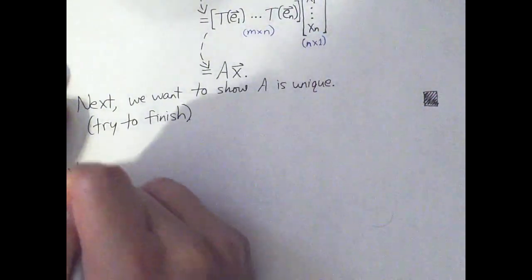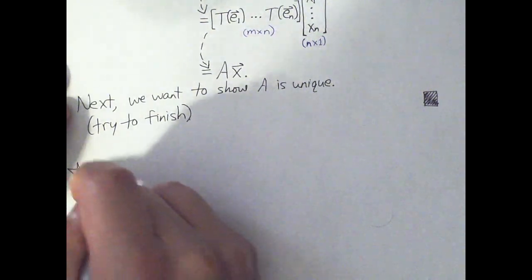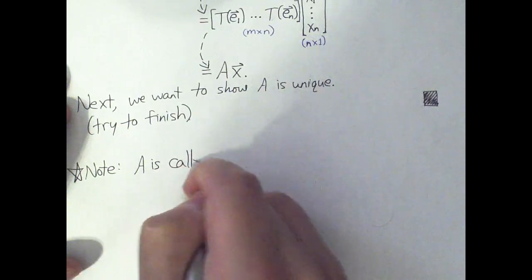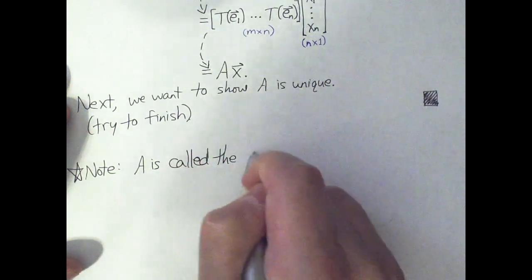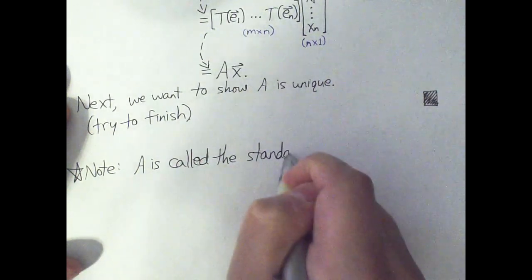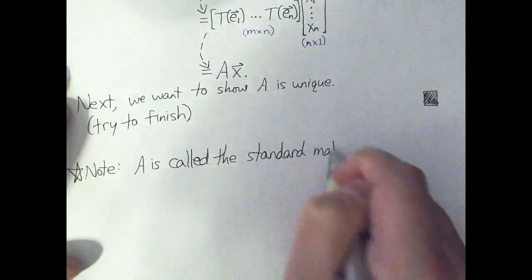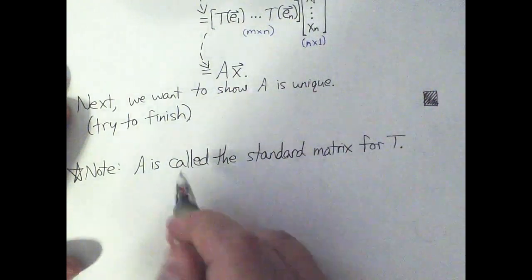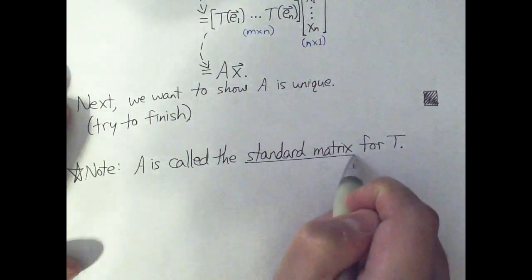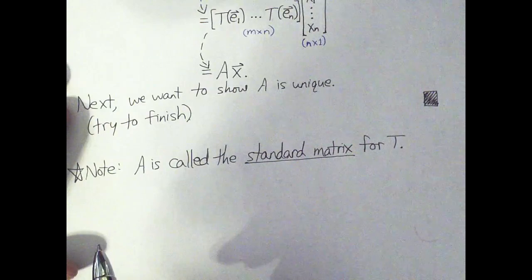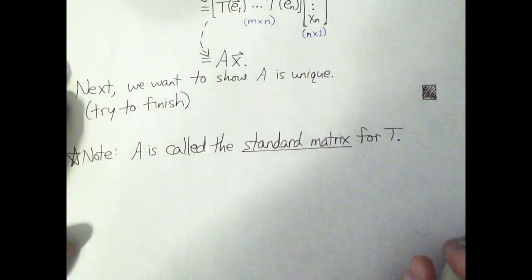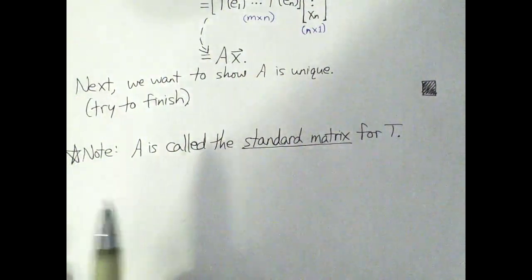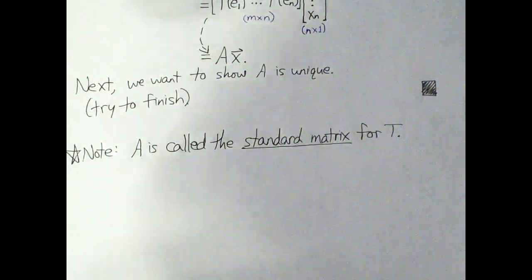And I'm going to tell you now that we've finished that, note, A is called the standard matrix for T. So if you hear that phrase, standard matrix, that's what we're talking about. It's the matrix that corresponds to the linear transformation so that T of X equals AX.